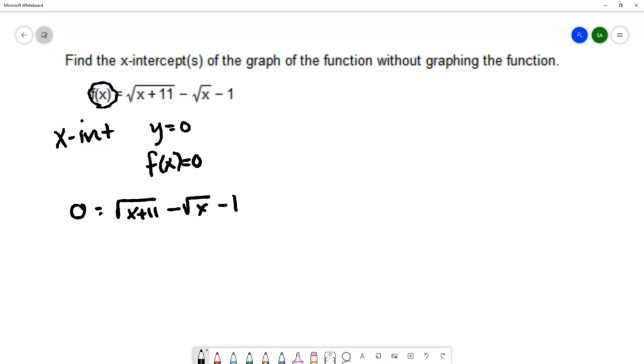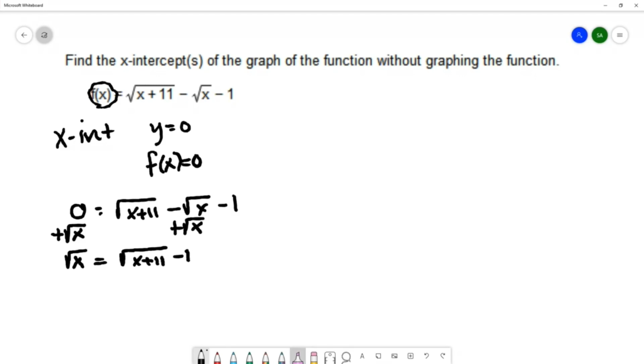The strategy that we're going to use to solve this type of equation is to isolate the radical and then get rid of the radical. So I'm going to start by adding square root of x on both sides. And I'm adding square root of x so that I have that radical isolated.